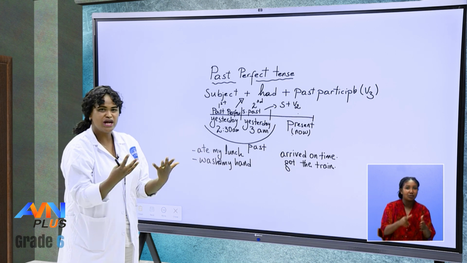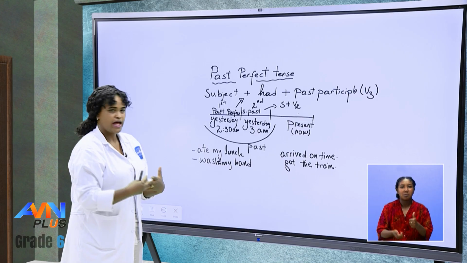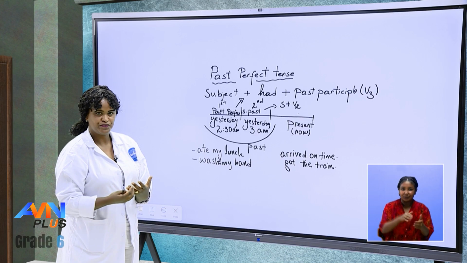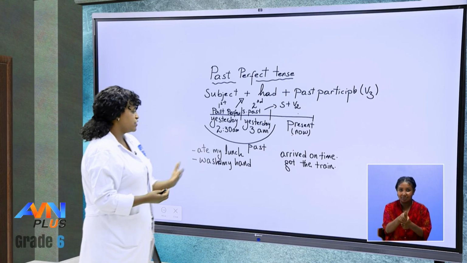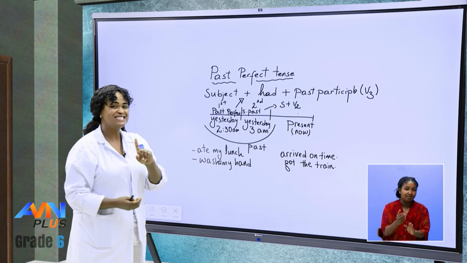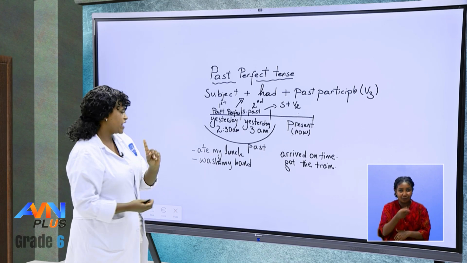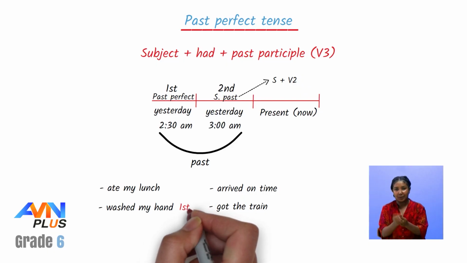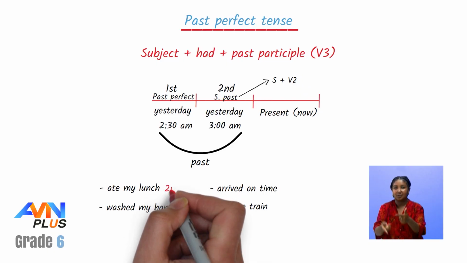Which one do you think comes first? Ate my lunch or washed my hand? Obviously, even though you wash your hands before and after you eat, we don't eat before washing our hands. So this one happens first and this one happens second.